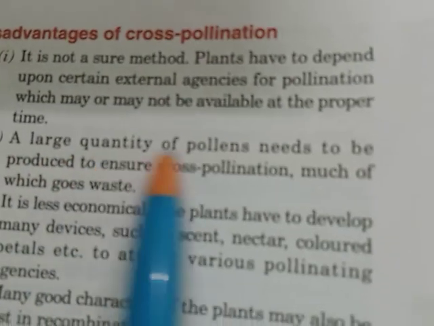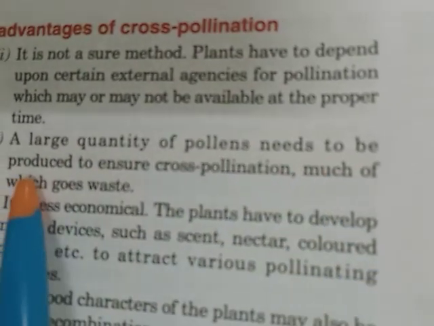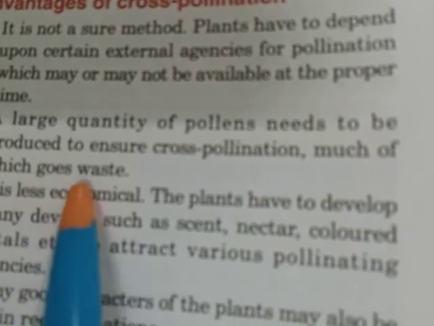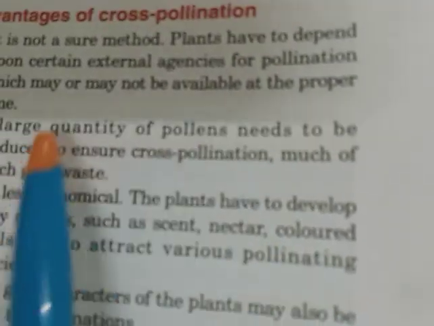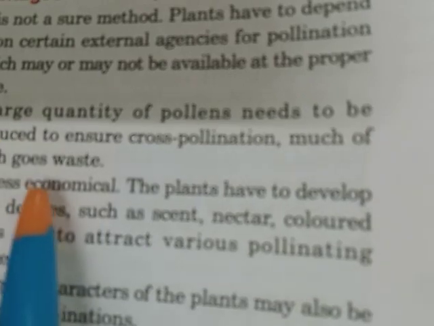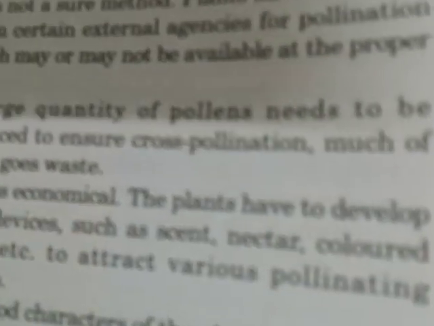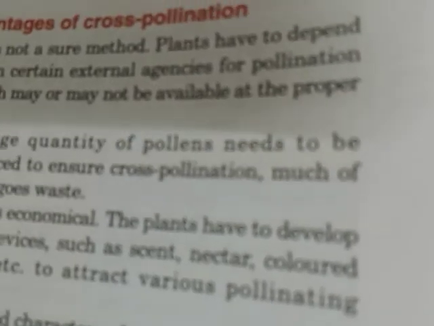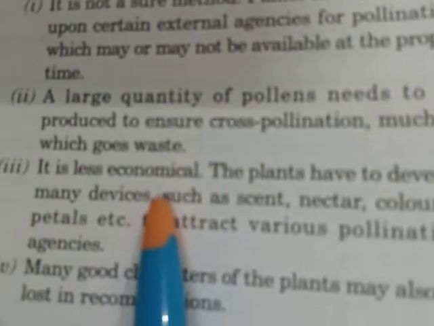A large quantity of pollen needs to be produced to ensure cross pollination, much of which goes waste. A large quantity of pollen grains is required because they have to move from one place to another, and so many of them are wasted. It is less economical.